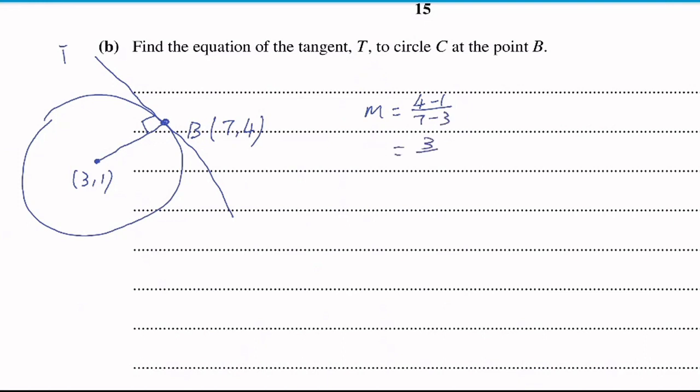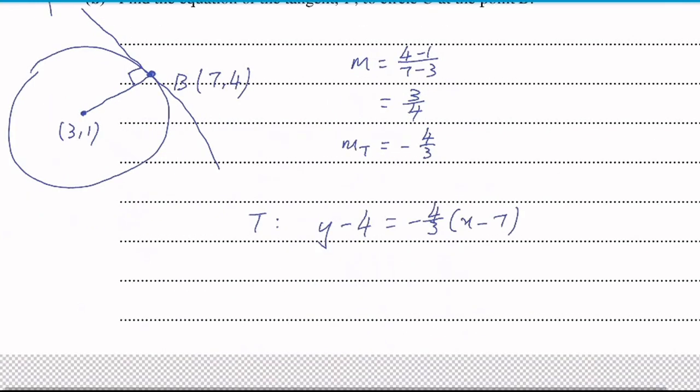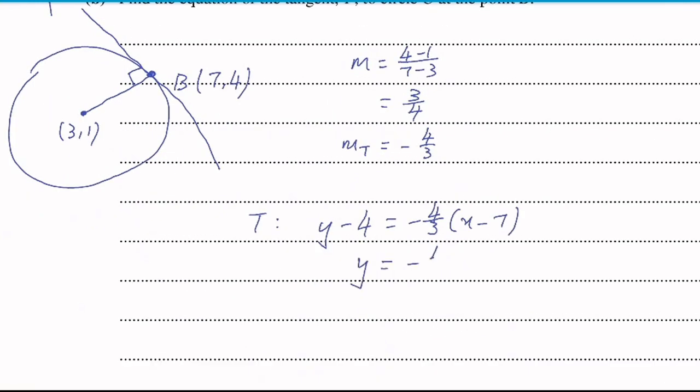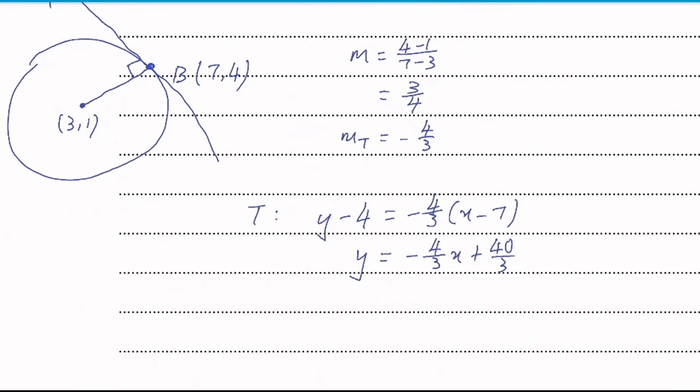So this is 3/4. The gradient of the tangent line is negative 4/3. For the tangent line, we can use y minus y1 is equals to m(x minus x1). Any form of the equation will do. 28/3 plus 4, this is 40/3. Some usual question there for us to find the tangent.